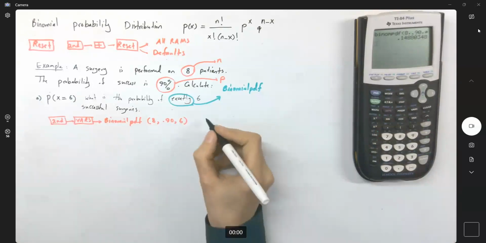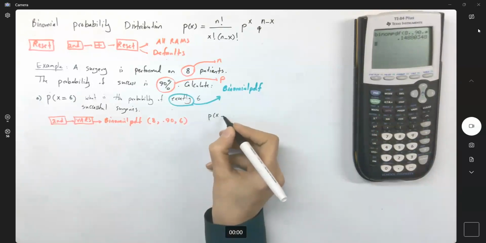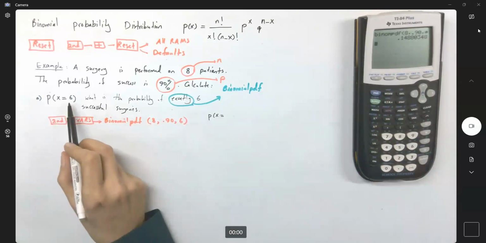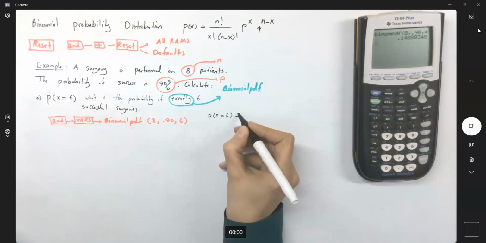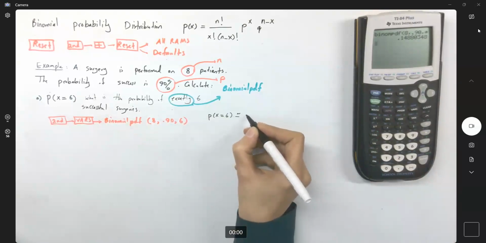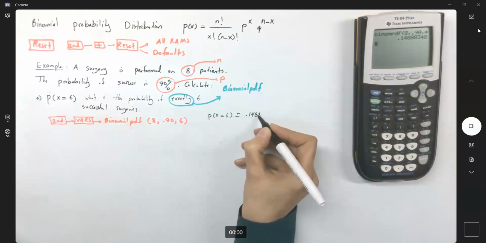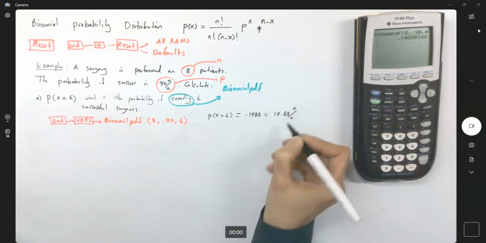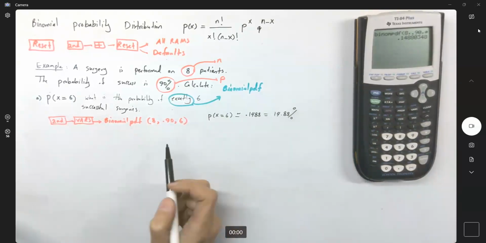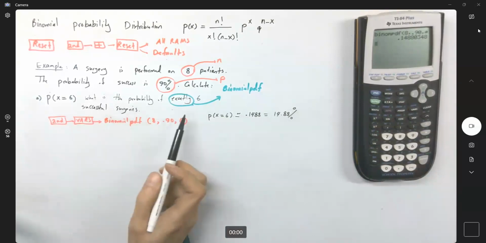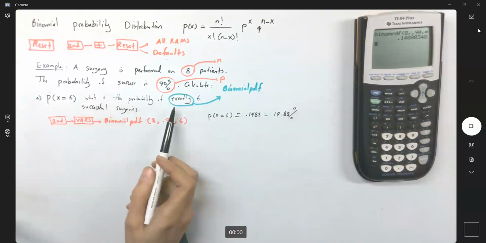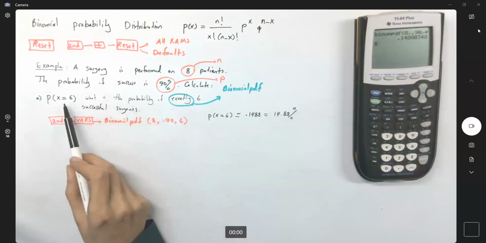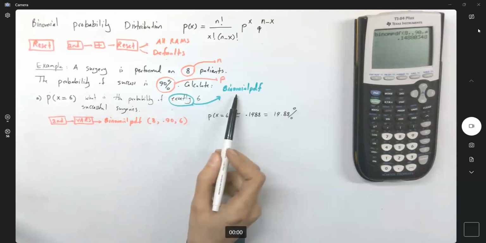So the probability that exactly 6 surgeries are successful is about 0.1488 or 14.88%. That's how we find the probability when we have exactly. So the keyword exactly, binomial PDF.